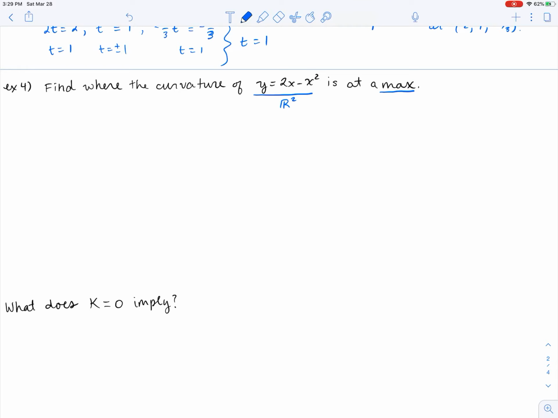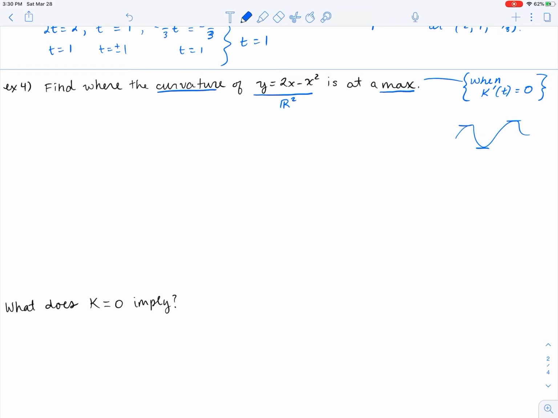So our goal here is to find where the curvature is max, and the curvature is at a max when k prime of t equals 0. As we know, if we have a curvature function, we know that our maxes and mins are going to occur when the derivative is 0.